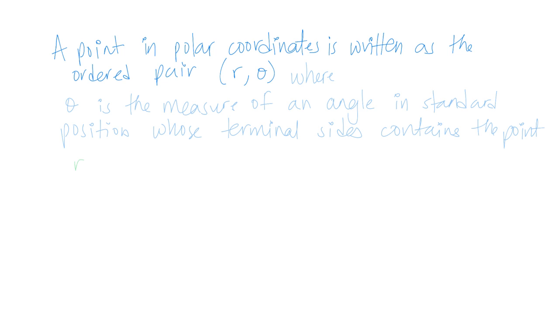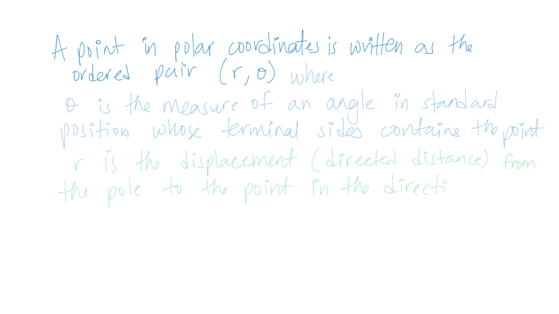R is the displacement, and displacement just means directed distance from the pole to the point in the direction of the terminal ray of theta.